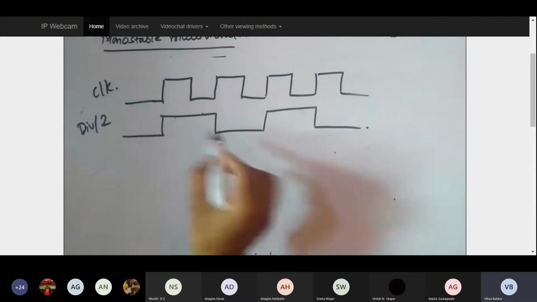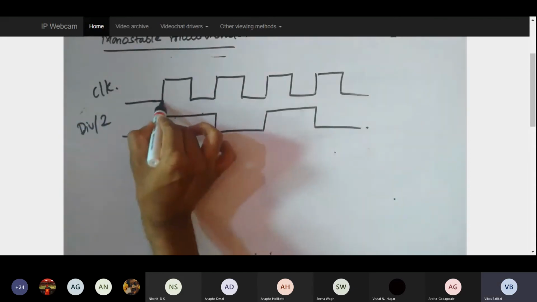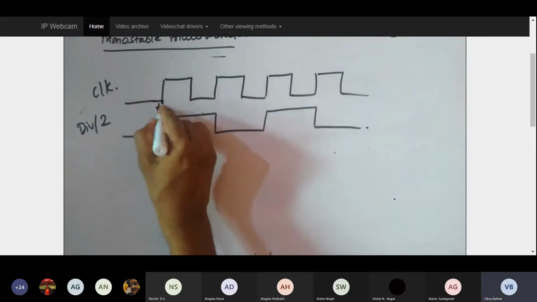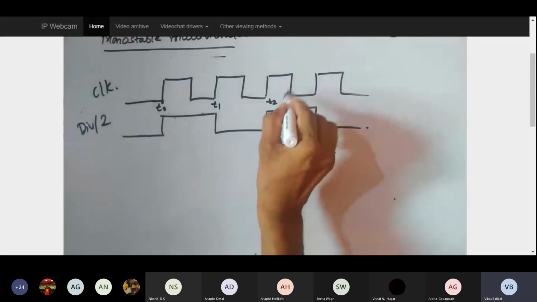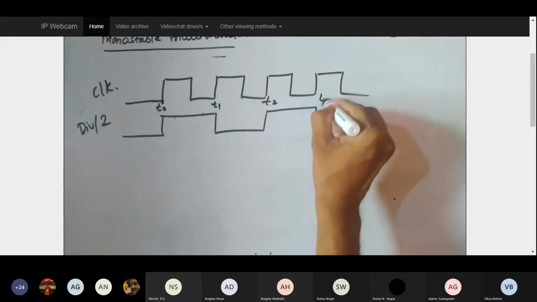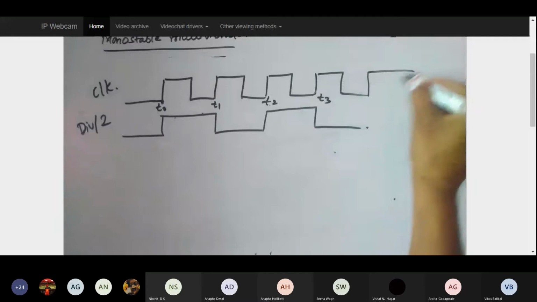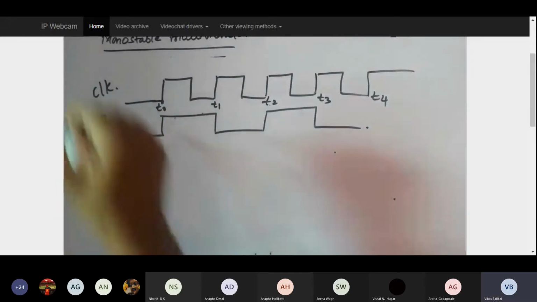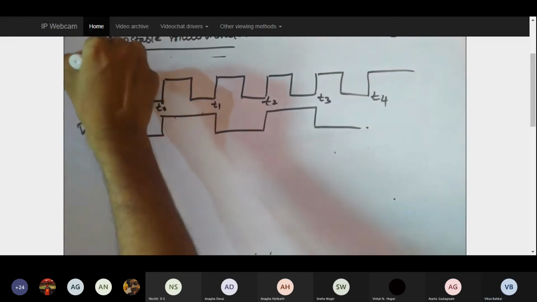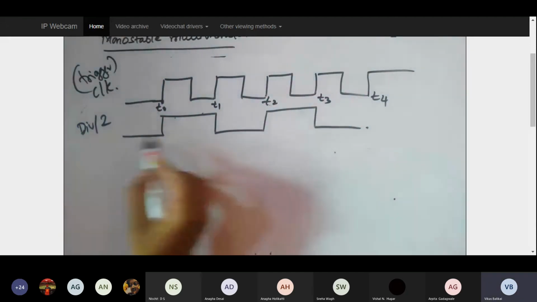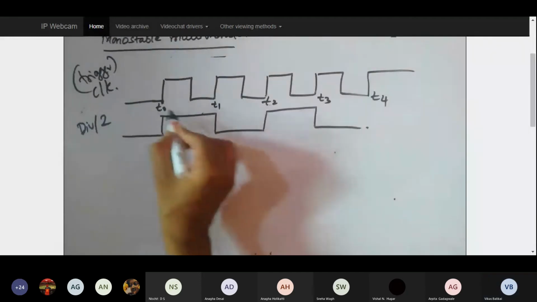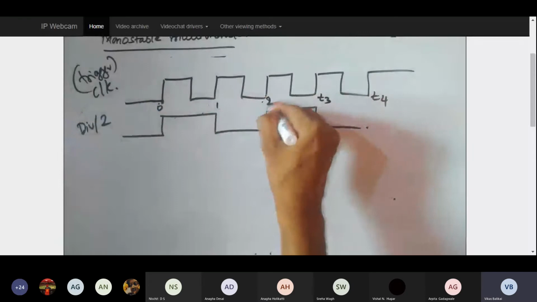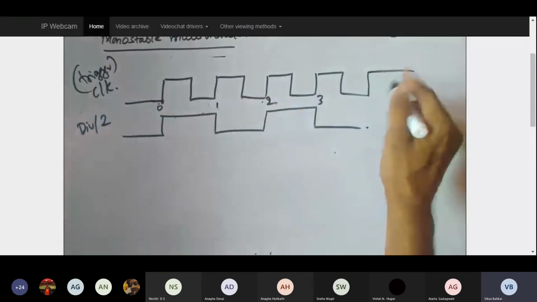Now this is divide by 2, so look here, how much is one cycle? If I just write it as T0, T1, T2, T3, T4, take this as the time duration for the clock pulse or the trigger, according to this circuit. How did the output come here? Just write it as 1, 2, 3. Yeah, so this is my time duration.